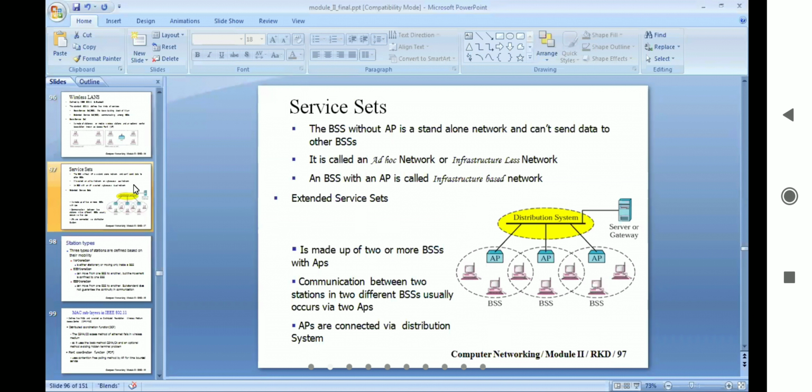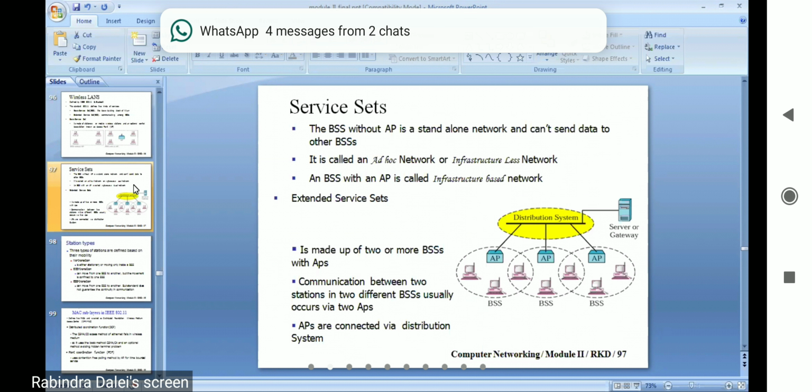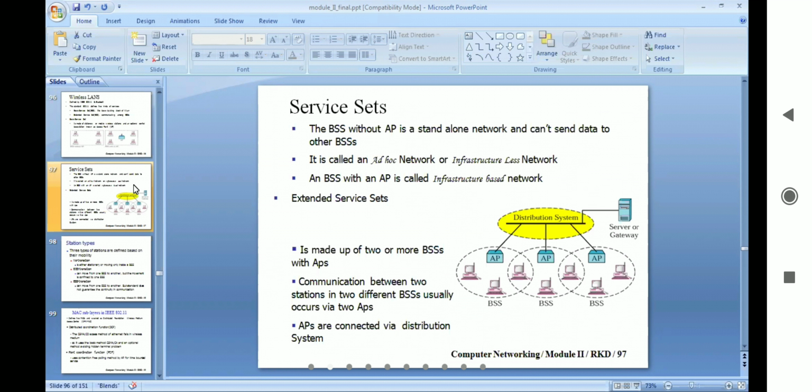A BSS without access point is a totally standalone network. Then it is called an ad hoc network or infrastructure-less network. A BSS with access point is a wireless LAN, but it is an infrastructure-based wireless LAN.